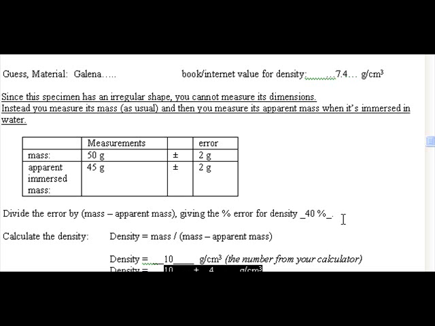I don't want to say that I came up with the exact number here. I didn't, because my error is relatively large, but also because my error is relatively large, I can say I'm in the ballpark. Given my error, I'm not too far off. And again, I will actually do yet another recording and talk about qualitative errors.